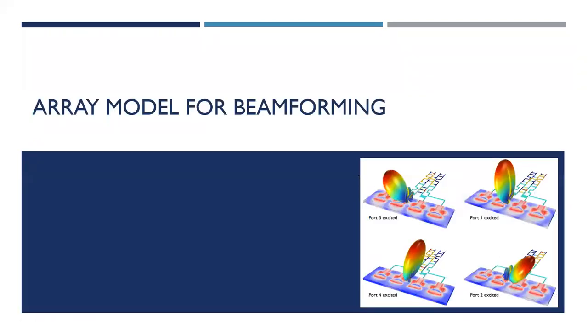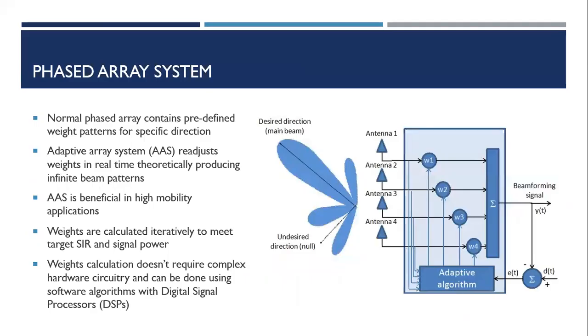Right. So next we will talk about the array model for beamforming. This is an extension to the smart antenna as well, but this section would primarily be focusing on the different kinds of array systems that we have for beamforming architecture. So a normal phased array system will contain predefined weight patterns for specific directions.